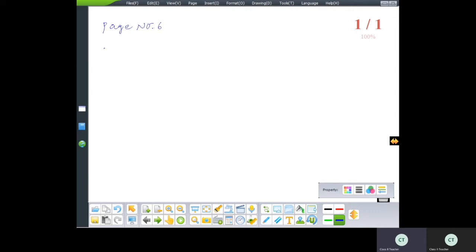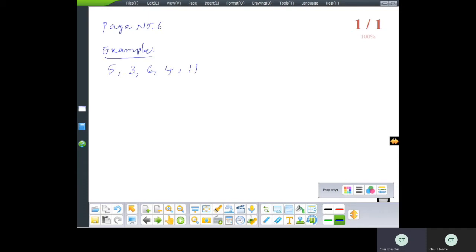Here, given example, 5, 3, 6, 4 and 11. Now we have to read the numbers from smallest to biggest and from biggest to smallest.